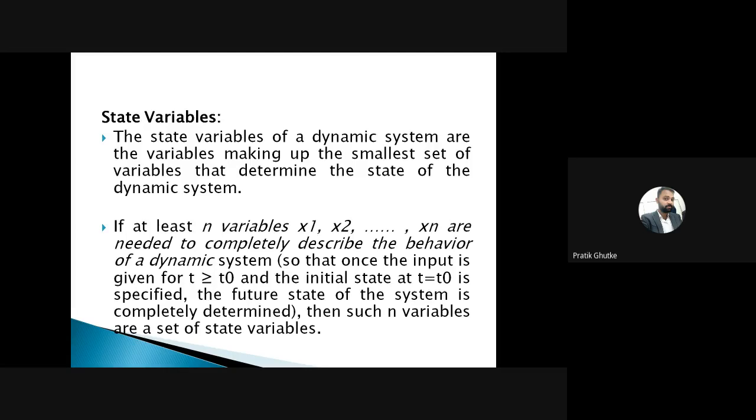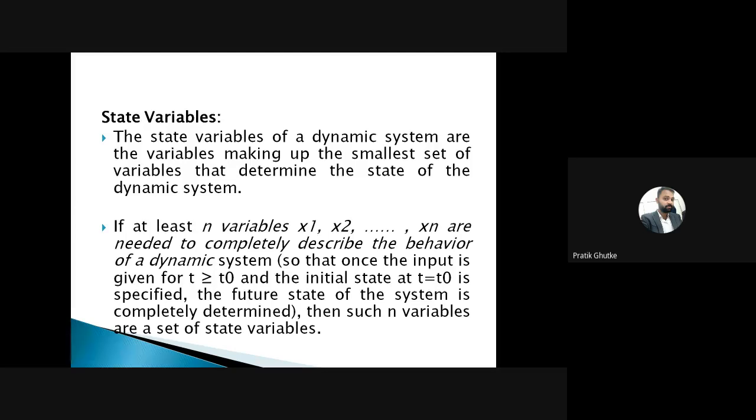Yes. So what is a state variable? The state variables of a dynamic system are the variables making up the smallest set of variables that determines the state of the dynamic system. And what is the second point?